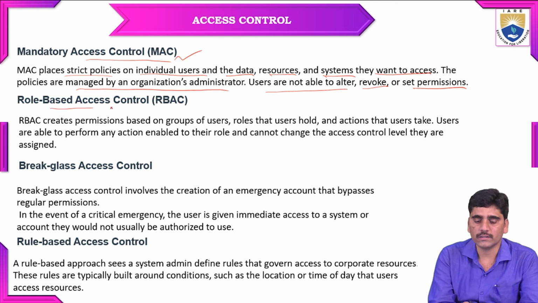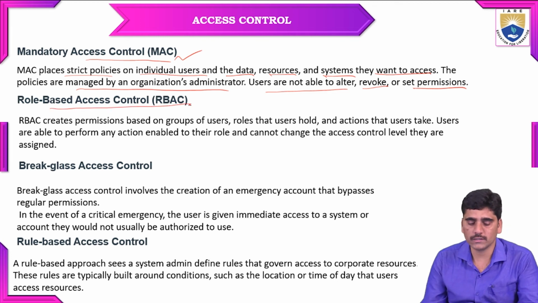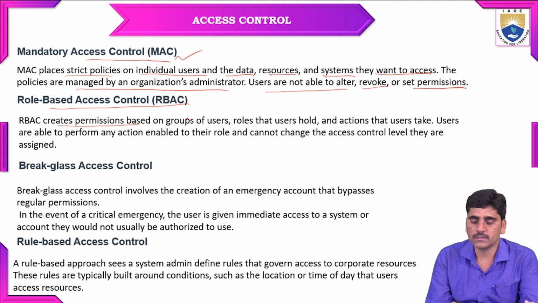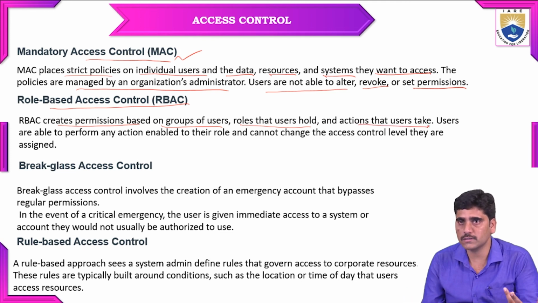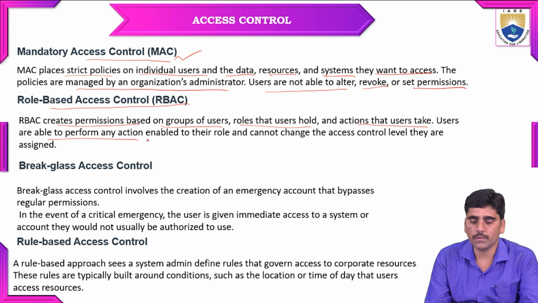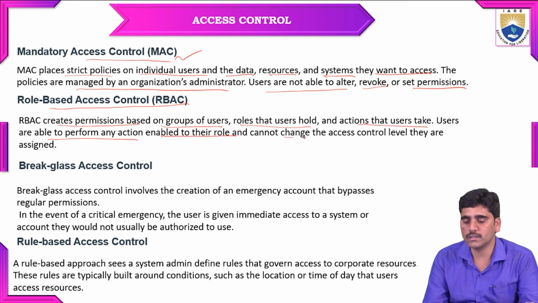And role-based access control. Role-based access control creates permissions based on groups of users, roles that users hold, and actions that users take. So users are able to perform any action enabled by their role and cannot change the access control level they are assigned.